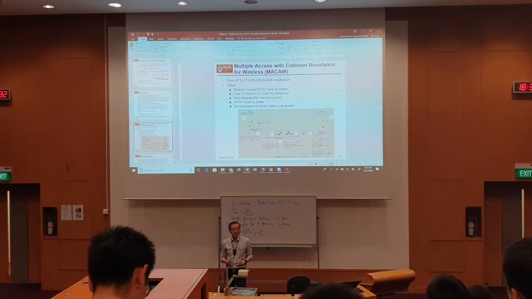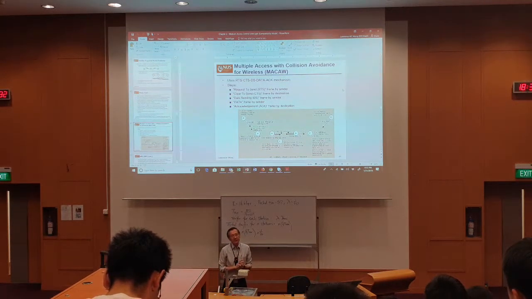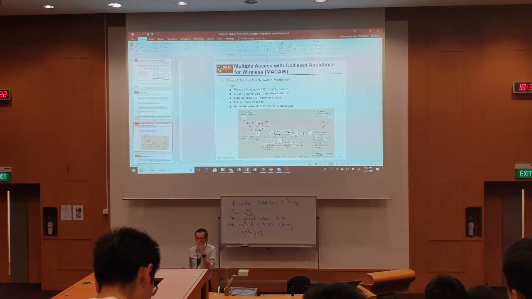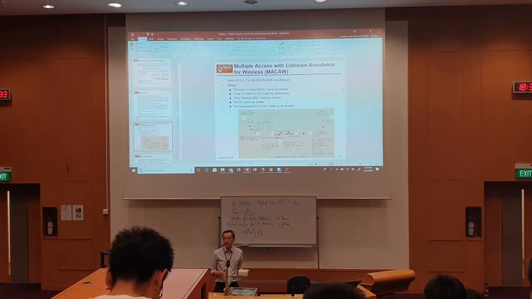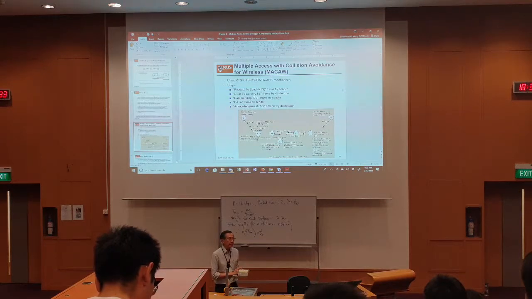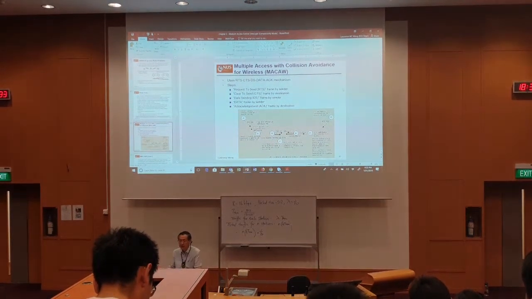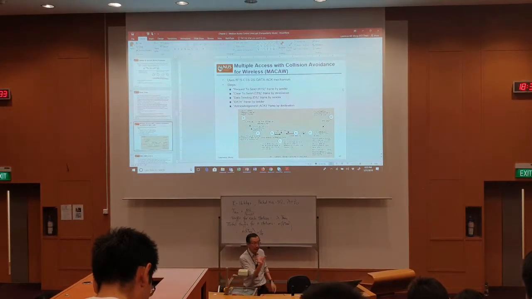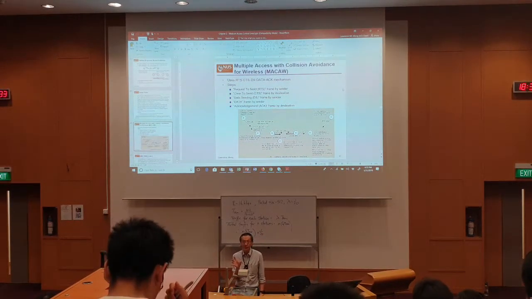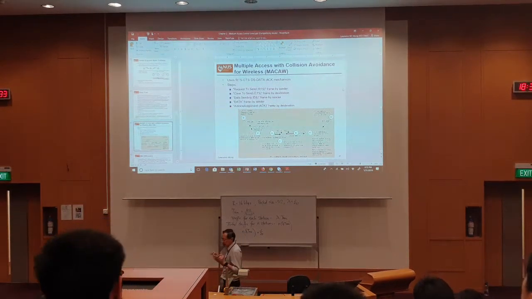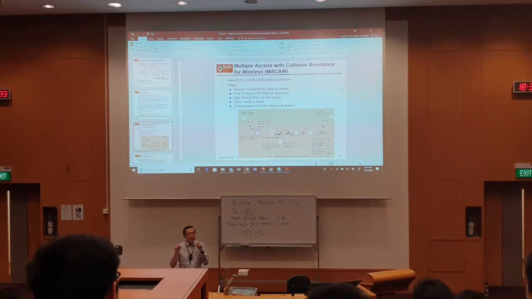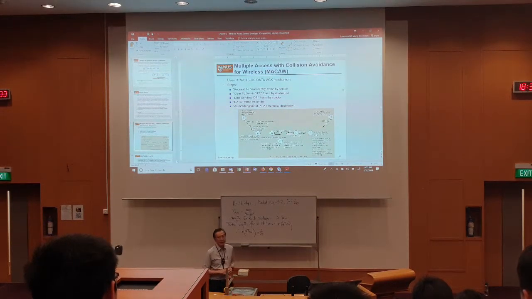In addition, the RTS tells its neighbors how much data he wants to send, so you can expect to be delayed for this amount of time. I tell you how big my packet is, and I know the data rate, so you can calculate how long you should be quiet for that minimum duration. The size of the data packet is usually included in the RTS message.